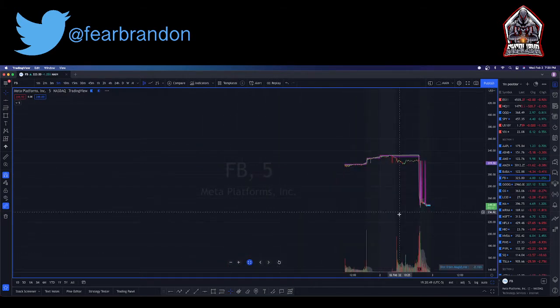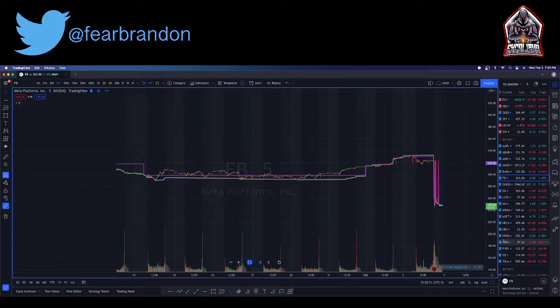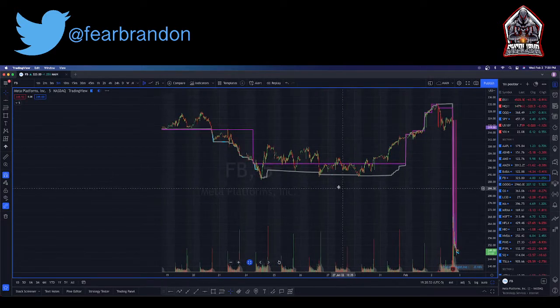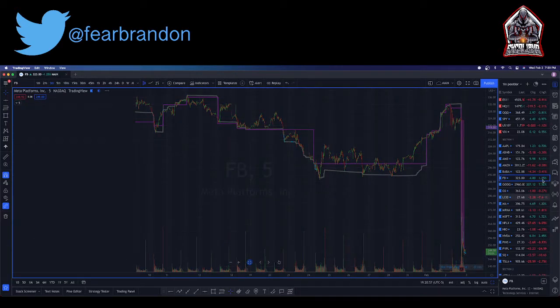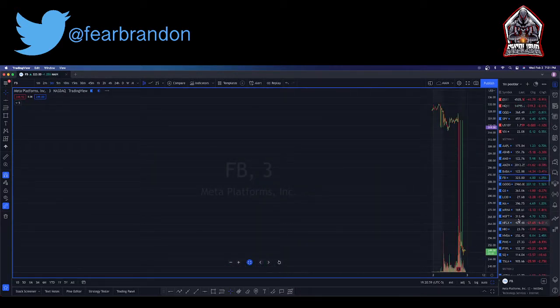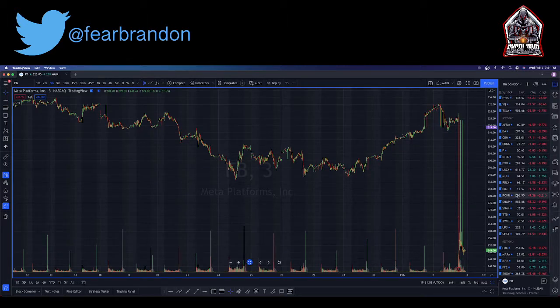Because it's a previous liquidity zone, you're still going to have something there. Facebook's been not the best looking chart.